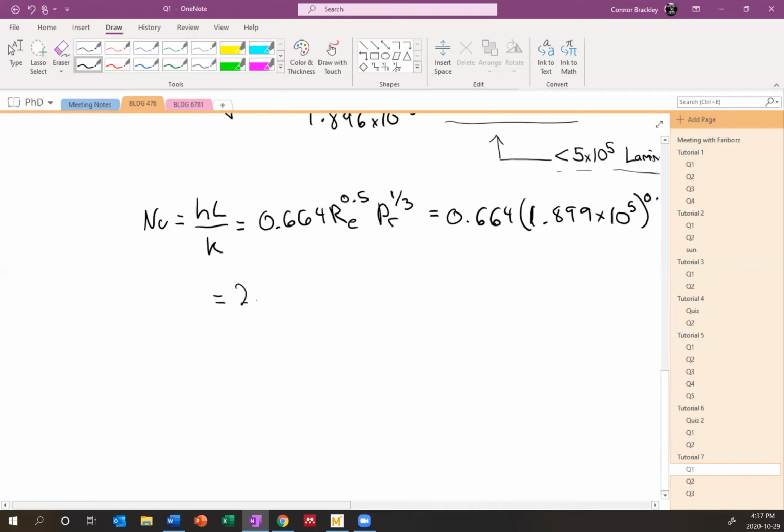All right, and this is equal to 259.3. Again, this is dimensionless.